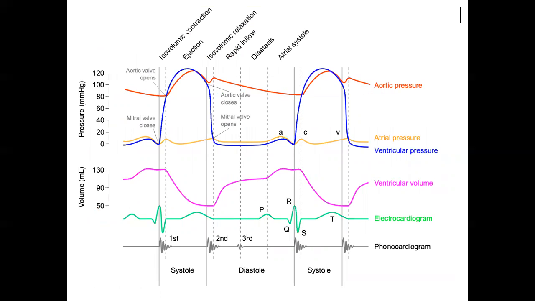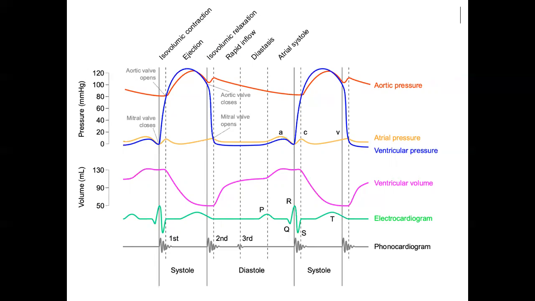So the Wiggers diagram has been in existence for over 100 years now. Like we say, 1920, okay, almost 100 years. All this diagram is illustrating the different cycles of what's going on.